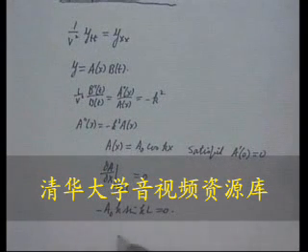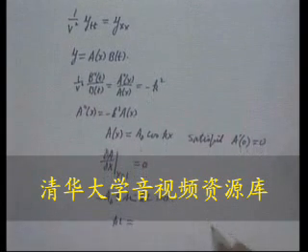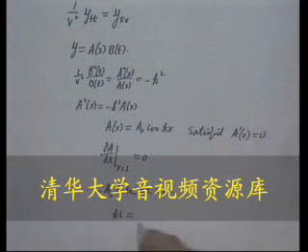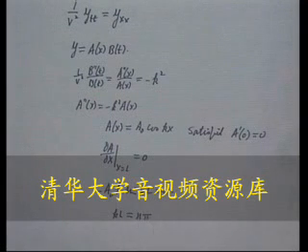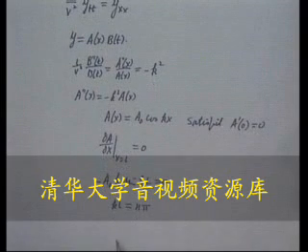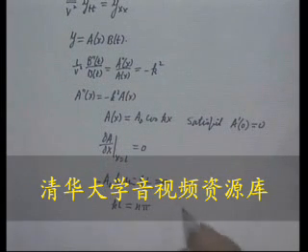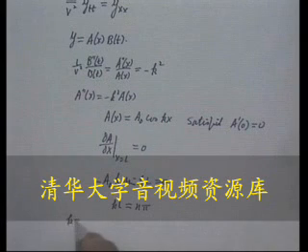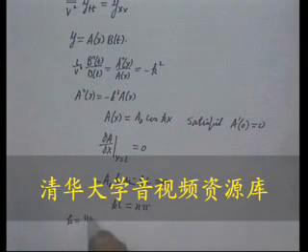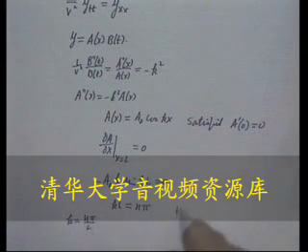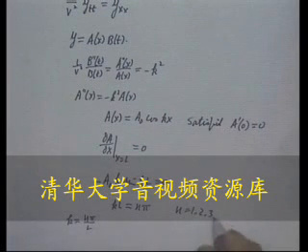So kL is equal to n pi. That means k is equal to n pi over L, n equal to 1, 2, and so on.